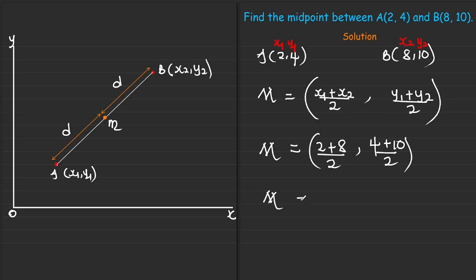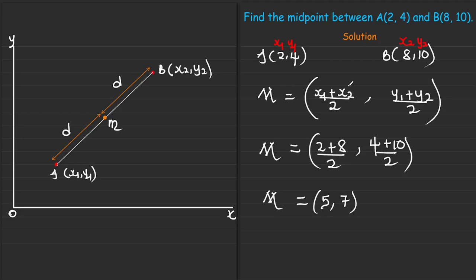Simplifying further, we have 8 plus 2 all over 2 gives us 10 over 2, and 10 over 2 gives us a 5. And for the y, we have 4 plus 10, which is 14, and 14 over 2 gives us 7. So this here is the coordinate of the midpoint. That is the point in between A and B that divides the line between them into 2 equal parts. The midpoint is very, very easy to solve.